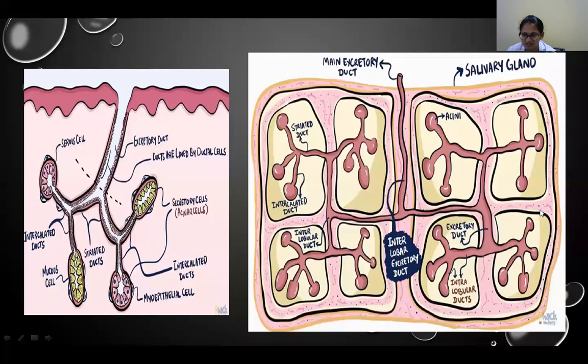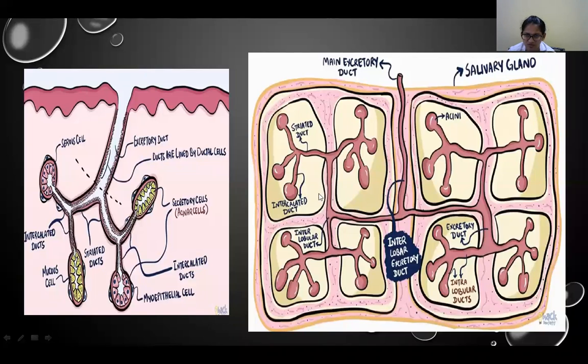See, in this section of the gland, this is one lobe and this is one lobe. This part of the lobe is divided into lobules. This is one lobule and this is one lobule.